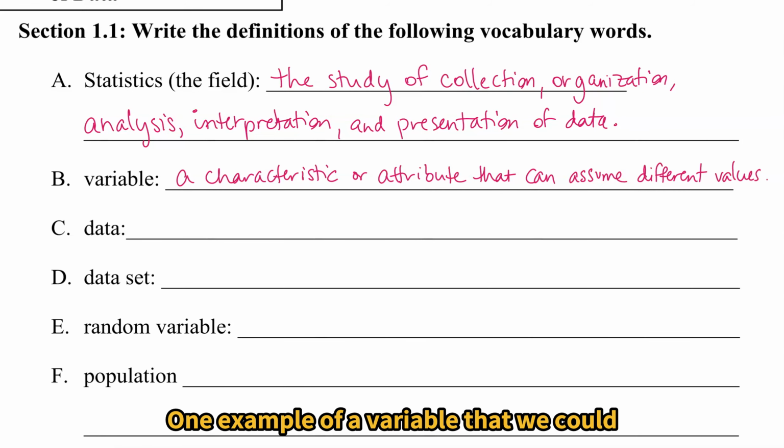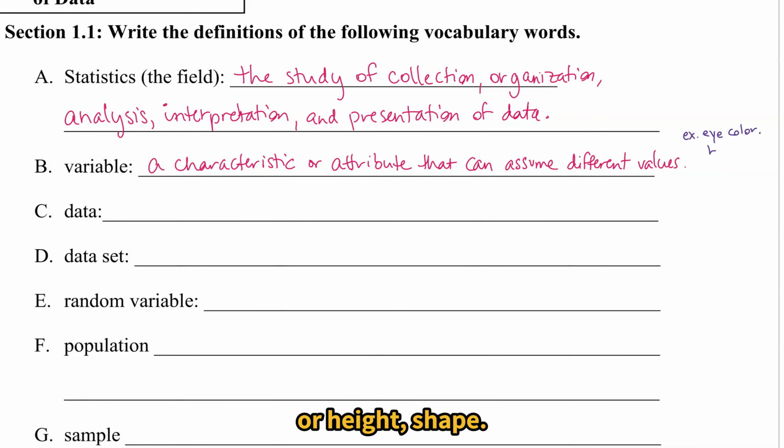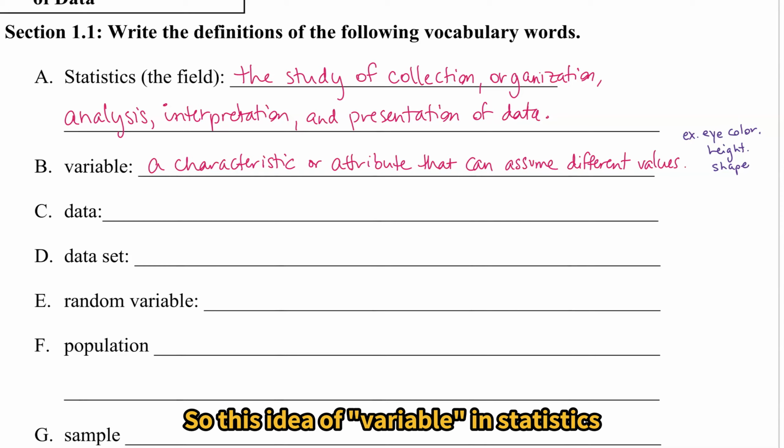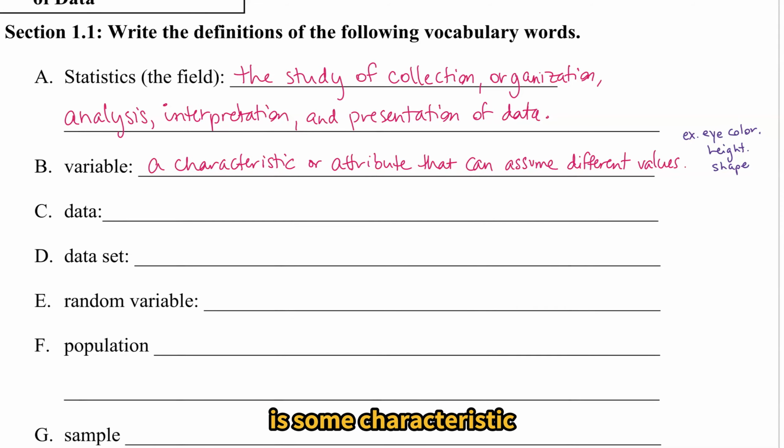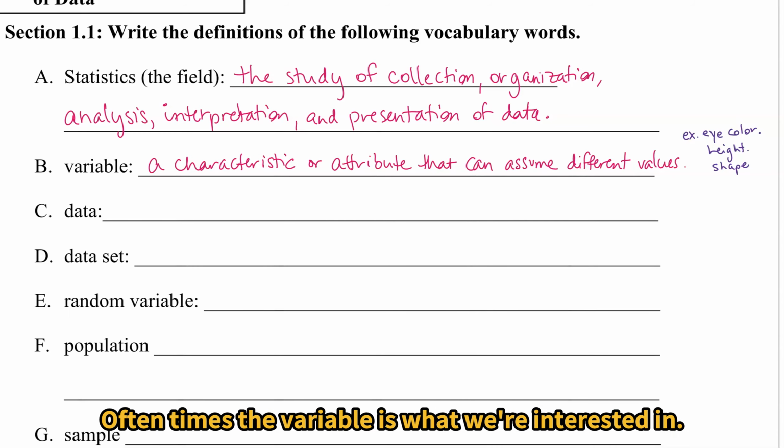One example of a variable that we could consider could be something like eye color or height, shape. So this idea of variable in statistics is some characteristic that occurs within a group of objects or people that could be different. Oftentimes the variable is what we're interested in.